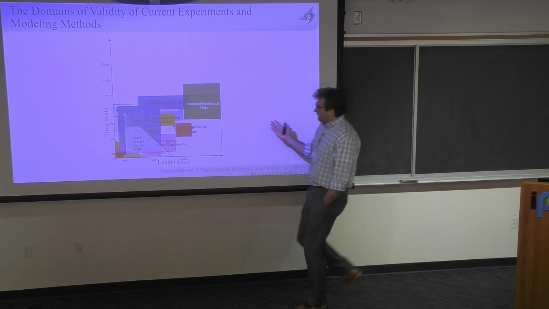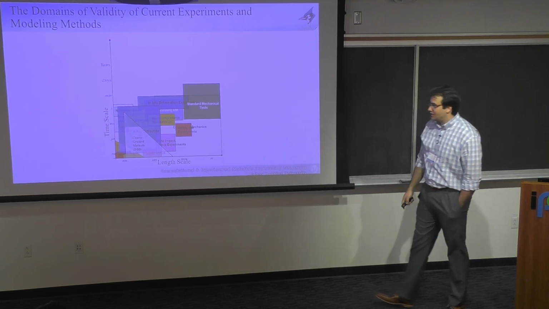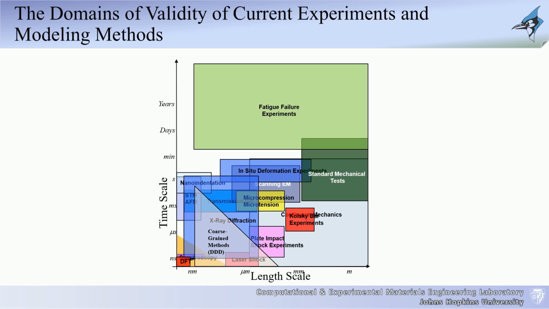Now, if you look at, again, these types of experiments and simulation frameworks, but now I actually extended it into days and minutes and years. If you look at the problem of fatigue and failure of fatigue, this is the length scale that we typically talk about. So it's way off, even for continuum mechanics. There are approaches where people are trying to push continuum mechanics and come up with expedited predictions to push continuum mechanics into the fatigue failure world.